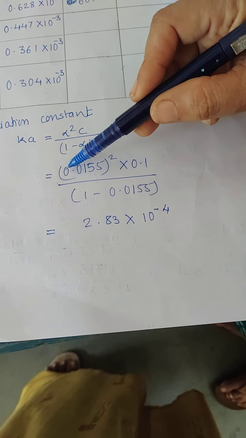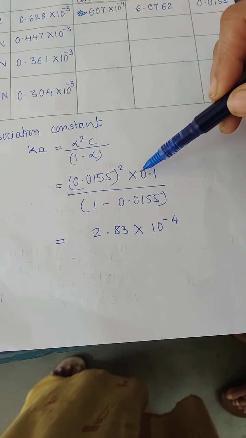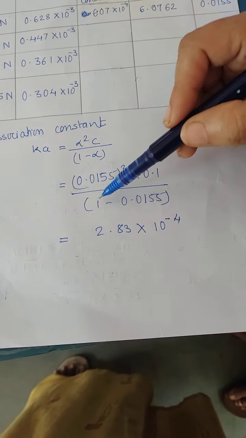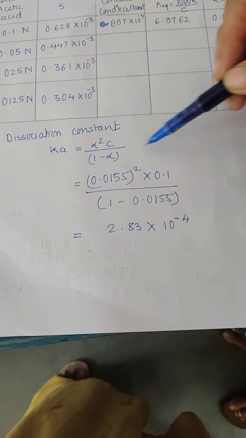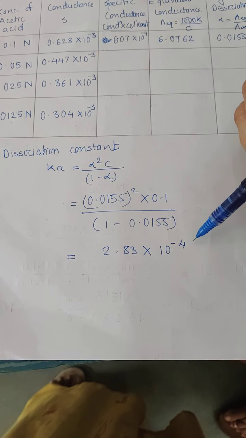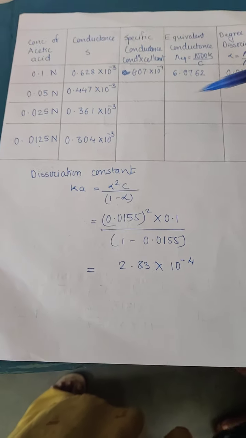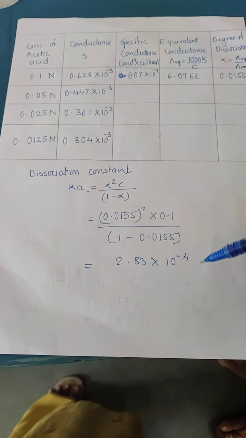So alpha is 0.0155, square, into 0.1, by 1 minus 0.0155. When you calculate, you will get the final answer as 2.83 into 10 raised to minus 4. So in this way you have to find out the Ka value for each different concentration.